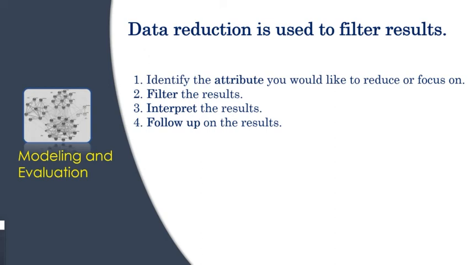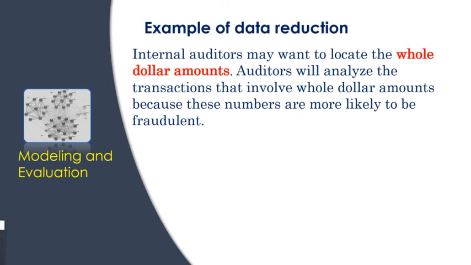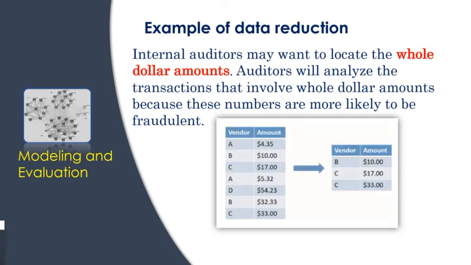We will be identifying the attributes based on which we will be analyzing the data, and we will be reducing the data. So filter, interpret, and finally follow up. An example of data reduction: in internal audit, the auditors usually try to find fraudulent activities.